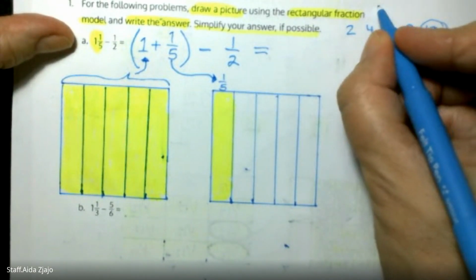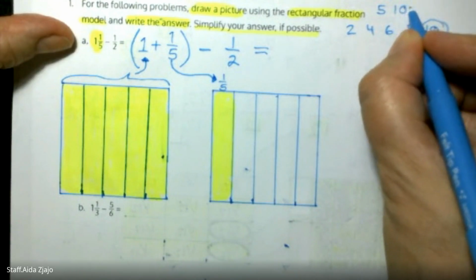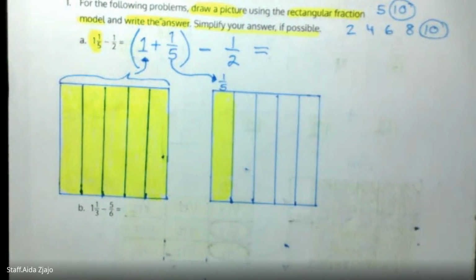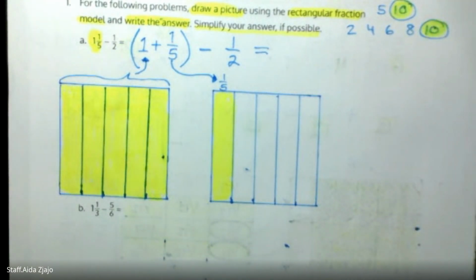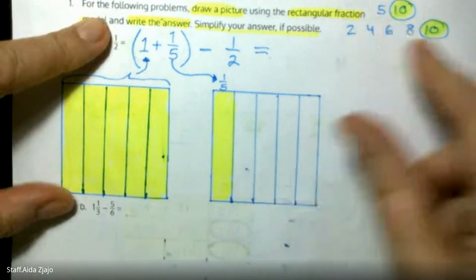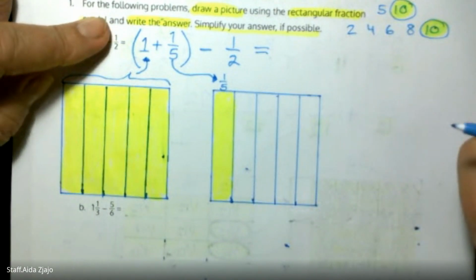I also could skip count by 5 and 10. So I can see that I can chop all these fifths into tenths, and then I will have the same amount.